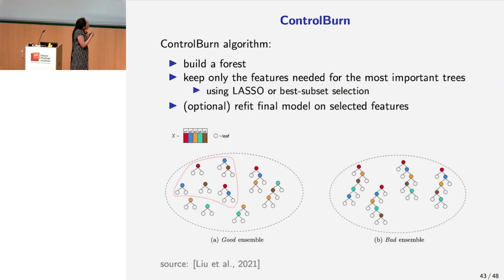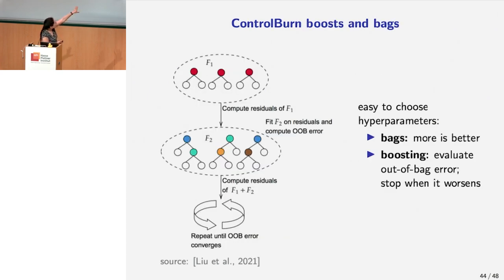What you want is to make sure that you've got trees that capture the main effects, and then move on to trees that have interaction effects like this, and then move on to trees that have higher order interactions. That's going to ensure that there exists a subset of the forest that has just a small number of features and a small number of interactions that still captures the information in your data set.